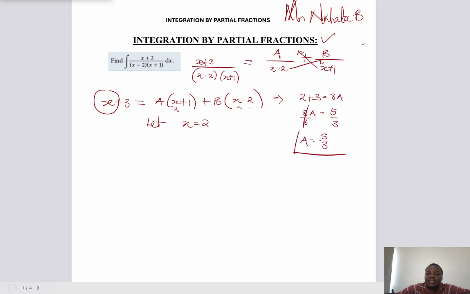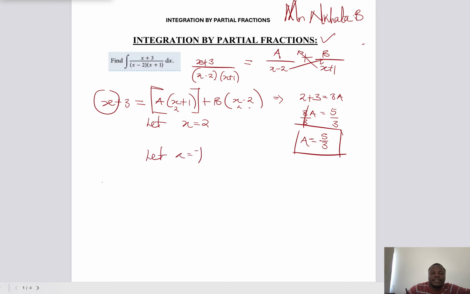I'm going to keep this and then see if I can find another value of x to help me find B. We just need to find the x value that would make this component be 0. If you look at it, what we have is x plus 1. So we must make x negative 1 so that negative 1 plus 1 can be 0. So we are going to say let x be equal to negative 1.